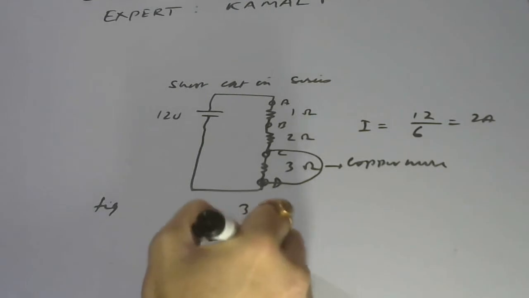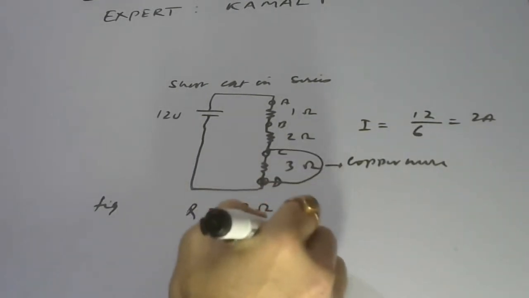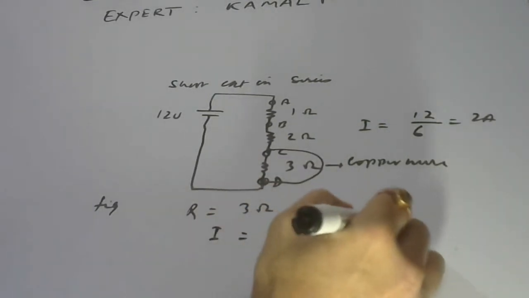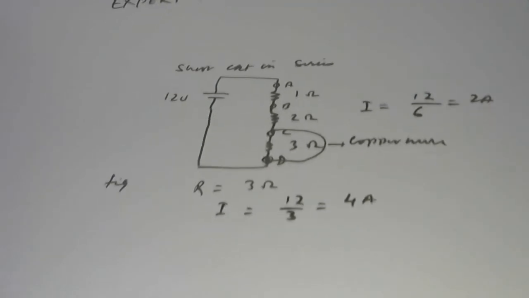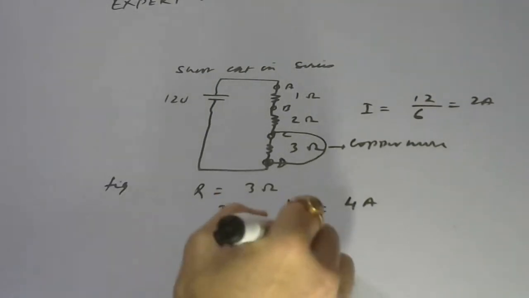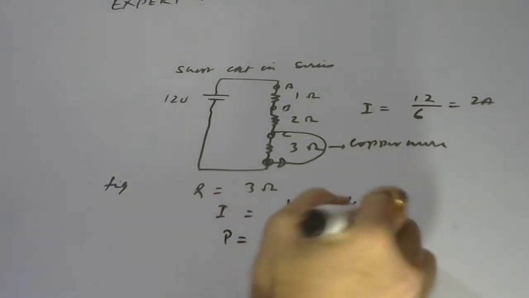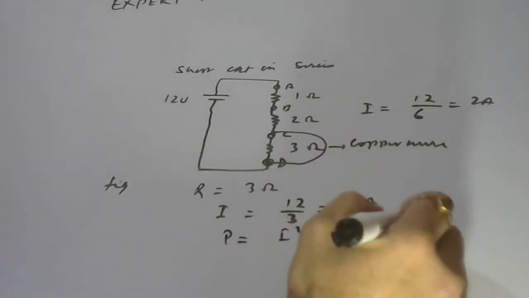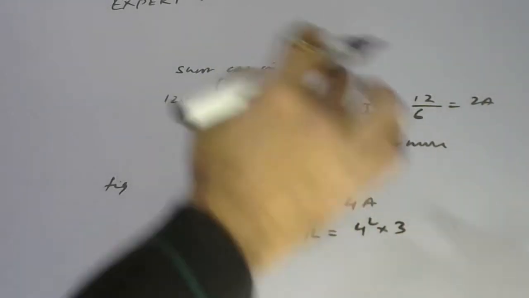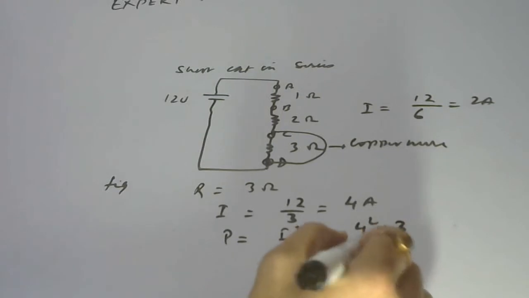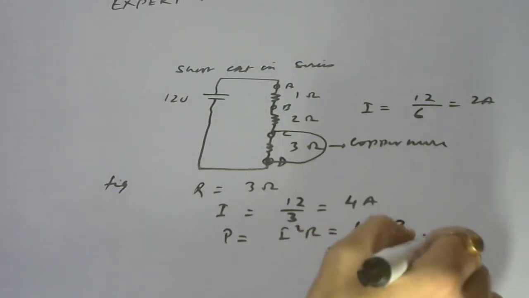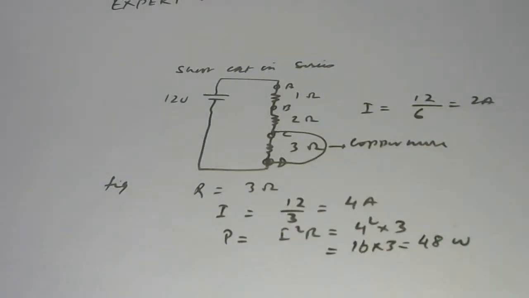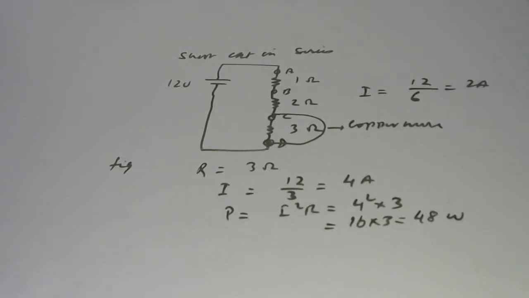Current equal to 12 divided by 3, that is 4 ampere current will flow. Power equal to I square R, 4 square into total value of resistance 3, 1 plus 2 is 3. This is 16 into 3, 48 watt. This is the value of power.